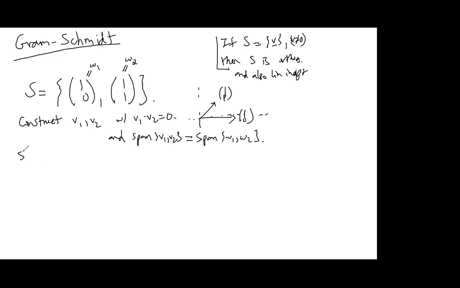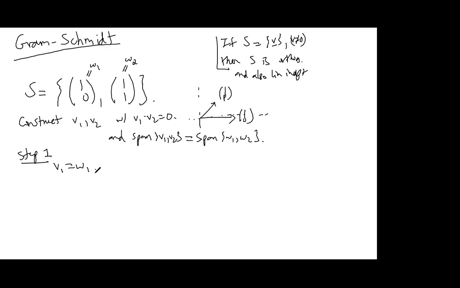And so step 1, we're just going to let V1 equal W1. That's the easiest way, because just like we noticed that a set with one vector is automatically orthogonal, we can just let V1 equal W1. The process is iterative: we start with a set with 2 elements, pretend it has 1 element and do this process, then add another element and keep going.